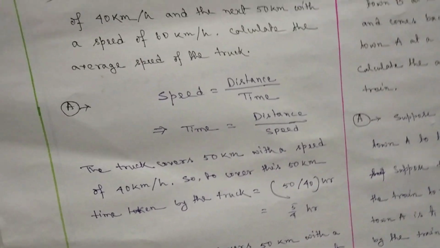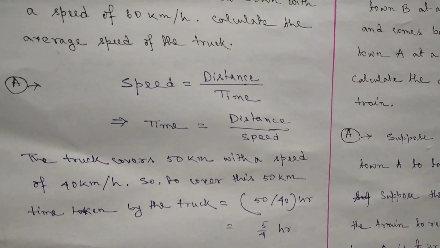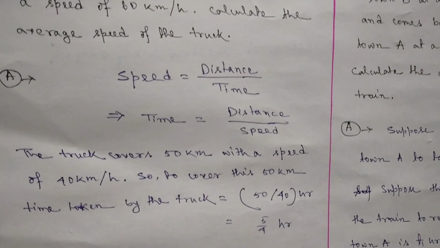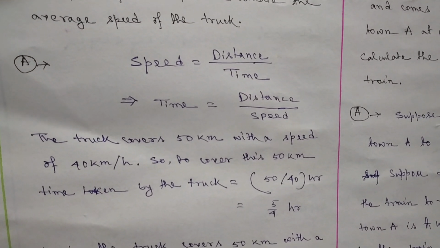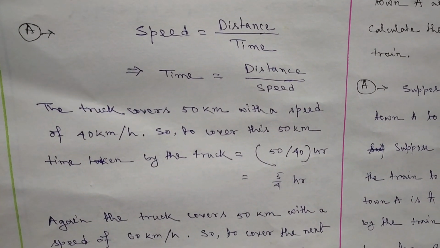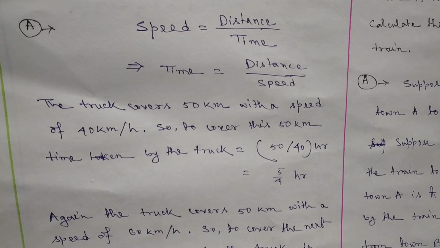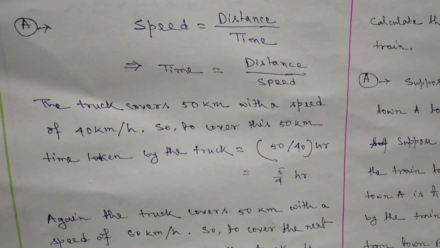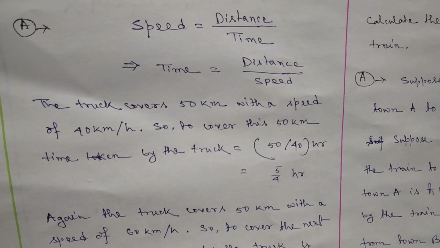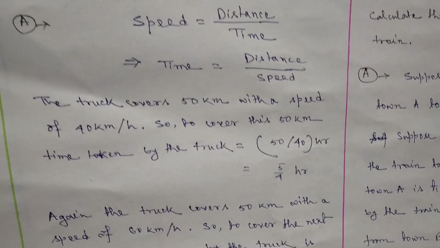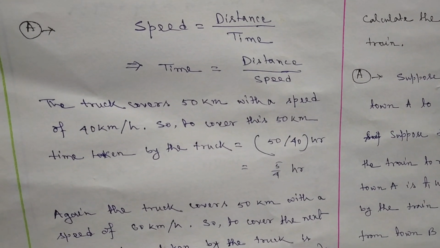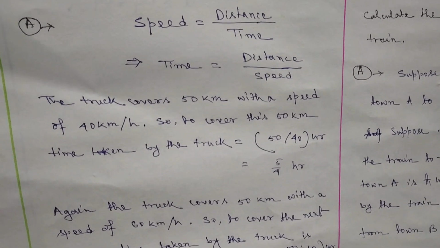First, we know speed is equal to distance by time, so time is equal to distance by speed. Now the truck covers 50 km with a speed of 40 km per hour. So to cover this 50 km, time taken by the truck is distance by speed, that is 50 by 40, that is 5 by 4 hour.